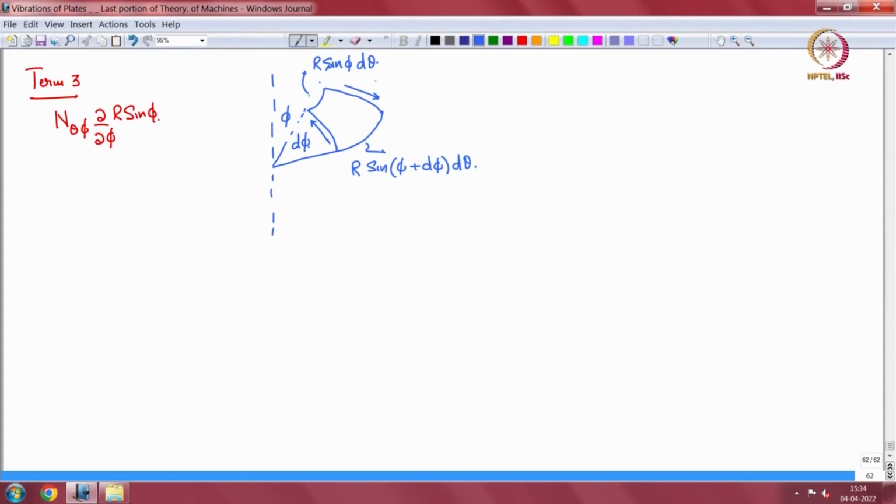Now we are looking for the contribution of this force and this force in the theta direction. So how do we look at it? We look at it vertically from the top.